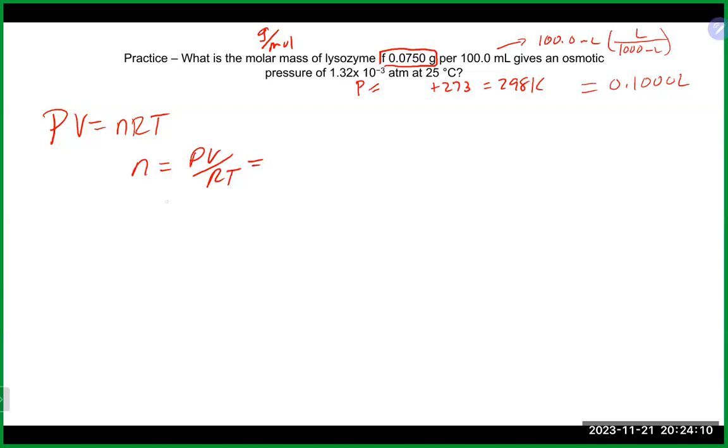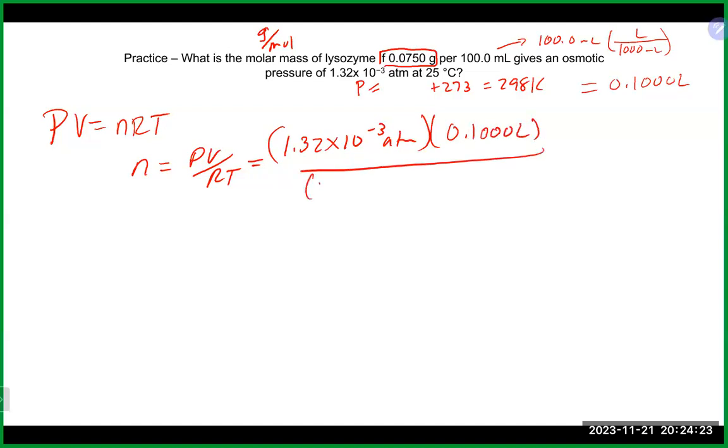And that's going to give us 1.32 times 10 to the minus 3 atmospheres, our volume, 0.1 liters, divided by our R and our T of 298 Kelvin.